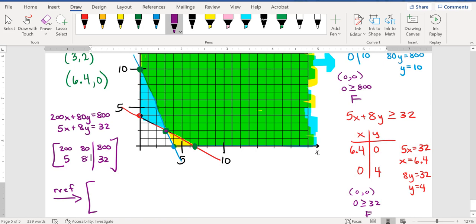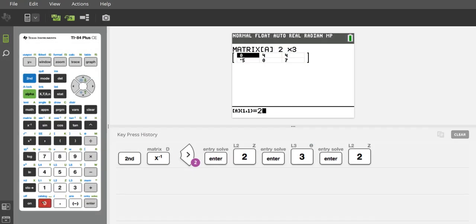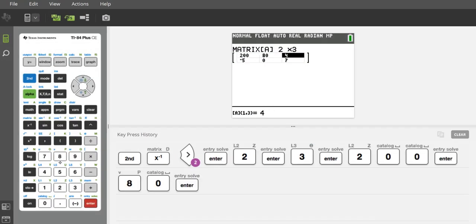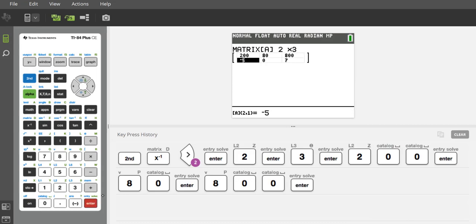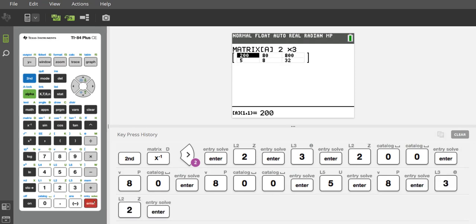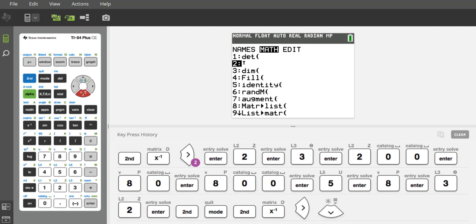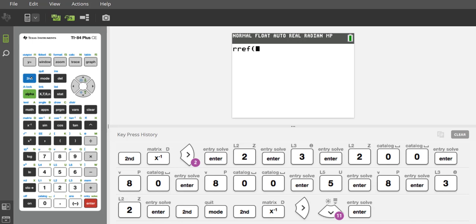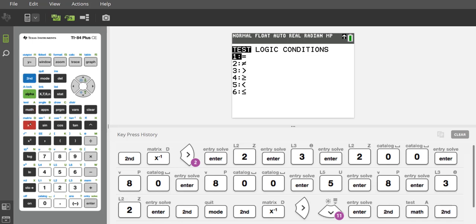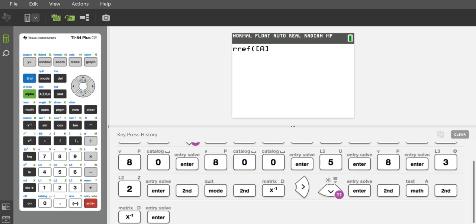I have 200, 80, 800. Then I have 5, 8, 32. I'm going to do second matrix math all the way down to RREF. And then second matrix A.